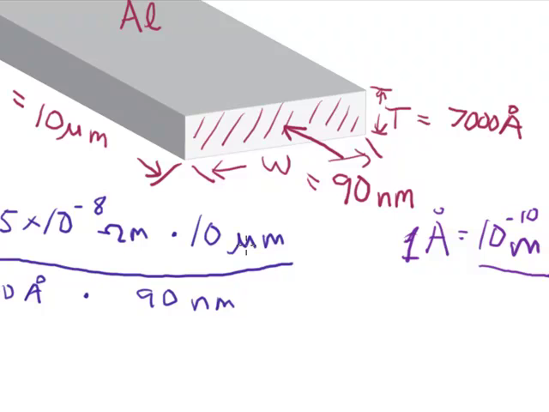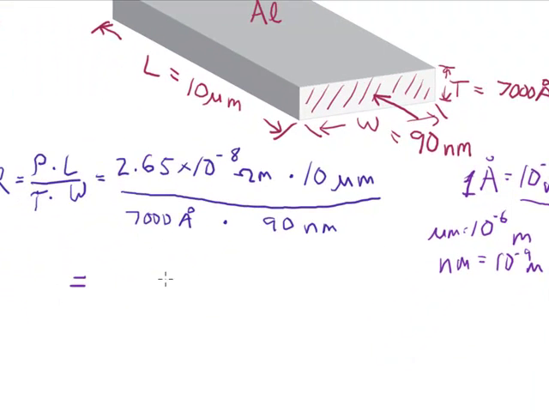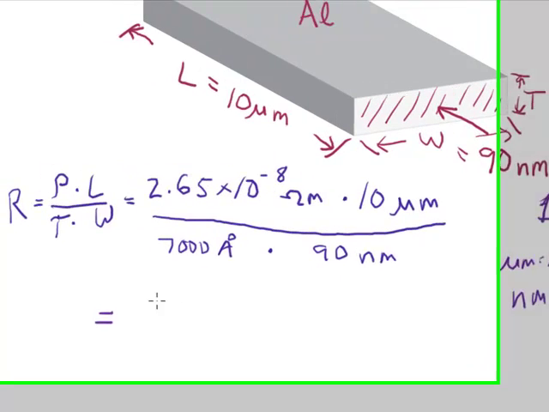Since a micrometer is 10 to the minus 6 meters, a nanometer is 10 to the minus 9 meters, and an angstrom is 10 to the minus 10 meters, I'm going to replace those metric prefixes with the power of 10 equivalent.